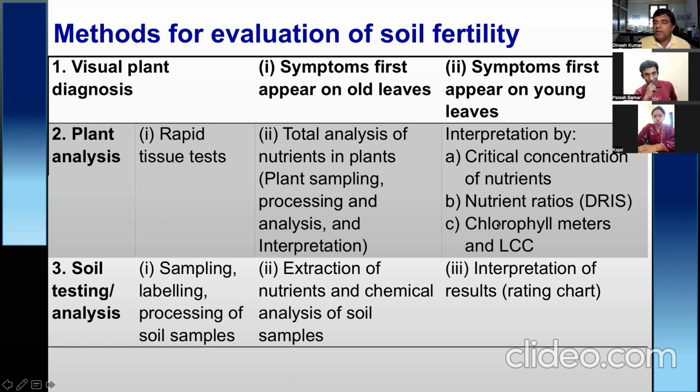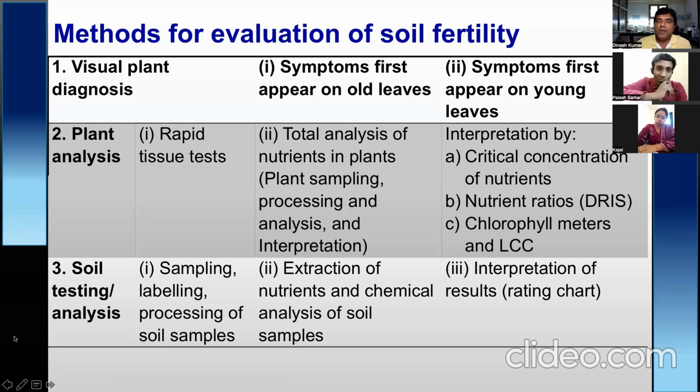There are three different approaches by which we can interpret this. One is critical concentration. Other is nutrient ratios by DRIS. I will teach you this DRIS in the soil fertility course. And then chlorophyll meters can indirectly tell us the status of nitrogen in some crops. So two are important: critical concentration of nutrients and nutrient ratios.